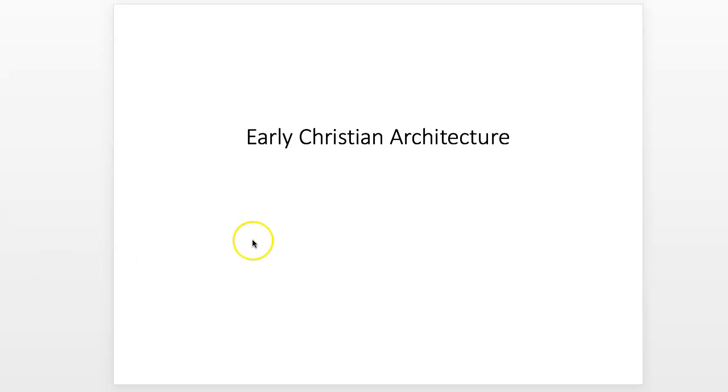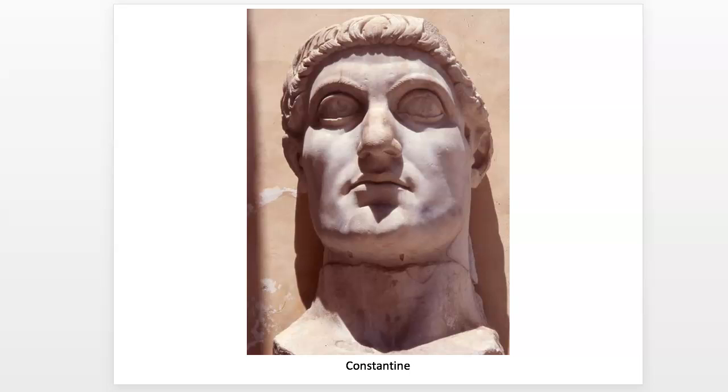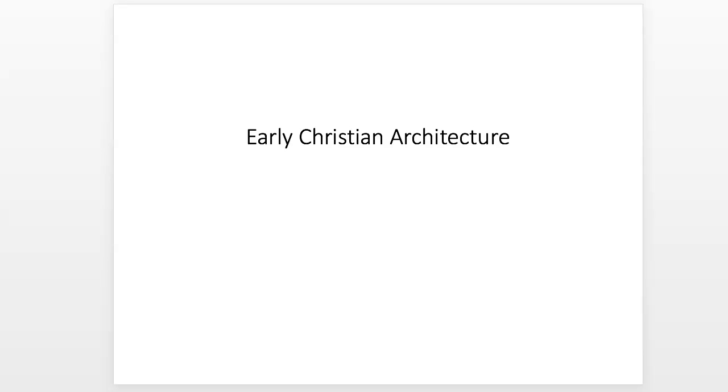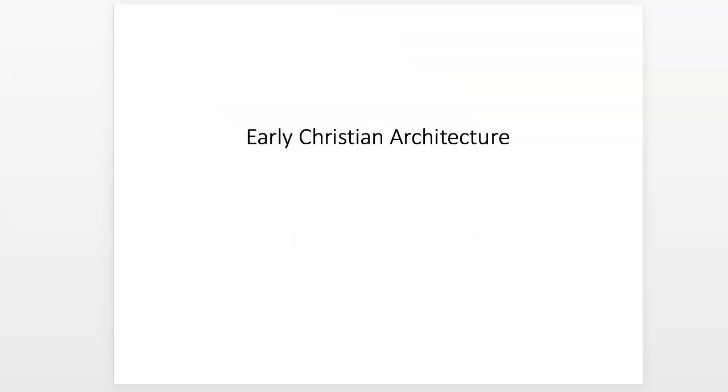So chapter 8, lecture 2, we'll start off talking about early Christian architecture and how it was affected quite a lot by this man and his decision to legalize Christianity, which made the need for larger places of worship, because they no longer had to meet in houses or places like the catacombs any longer. And so that created a necessity for a different type of architecture, which we'll talk about how that developed. And we'll look at one important example, which is the old St. Peter's Basilica. Okay, so we'll talk about that in the next lecture, which is lecture 2 of chapter 8.